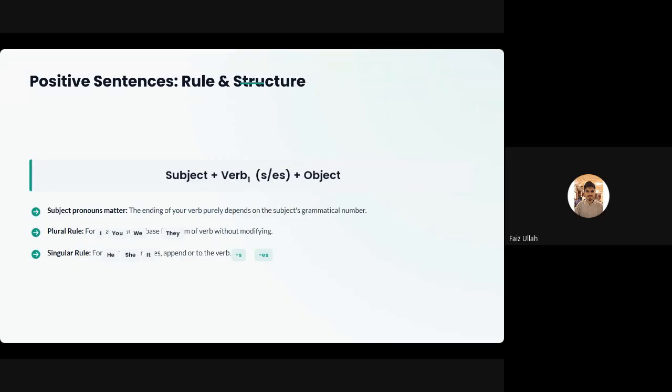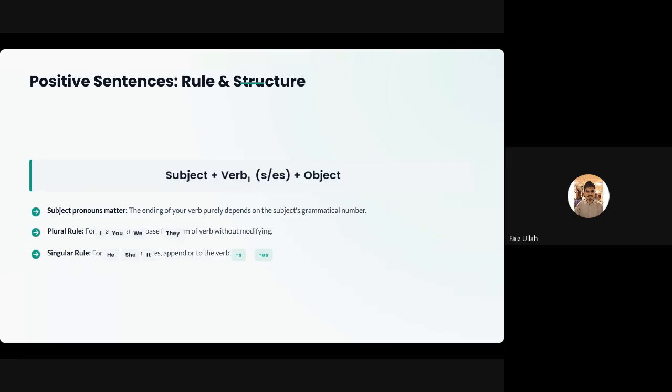For example, I say I take breakfast, I go to school, I take 5 classes a day. But if I'm talking about Ali, I would say Ali takes breakfast. I'm using S or ES with the first form of the verb. Ali takes his breakfast, or Ali eats his breakfast.